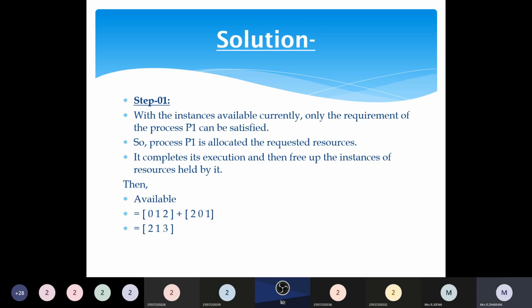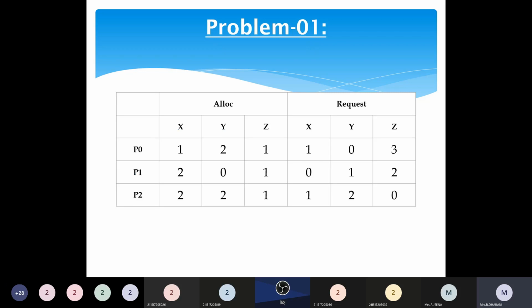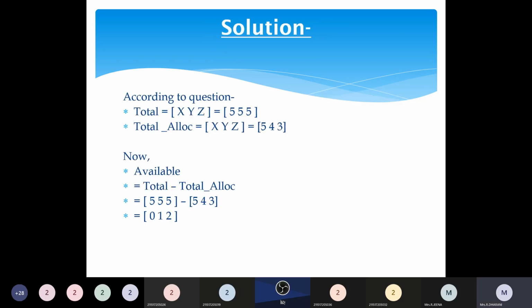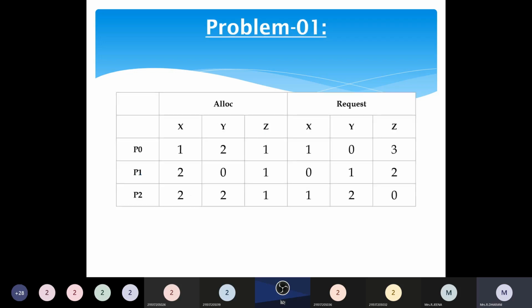Okay, step 1. With the instances available currently, how many resources are available? 0, 1, 2. With this availability, only the requirement of the process P1 can be satisfied. Let's go back to the box. The current availability is 0, 1, 2. Now we can compare which process we can allocate with 0, 1, 2.